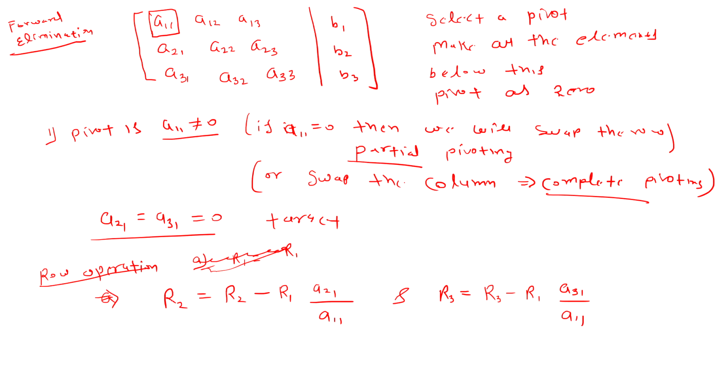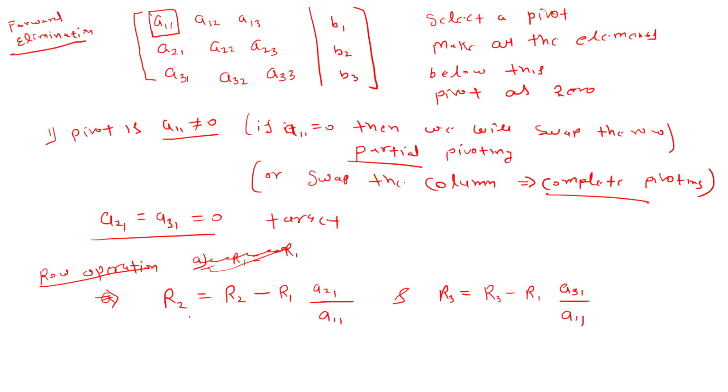See, look, if I multiply row 1 with A21 upon A11, then this element will become A11 upon A11 into A21. So essentially this becomes A21. So what we are doing is subtracting A21 minus A21.